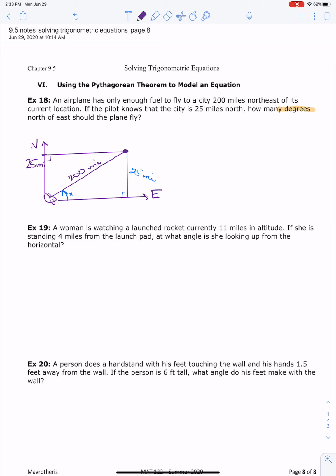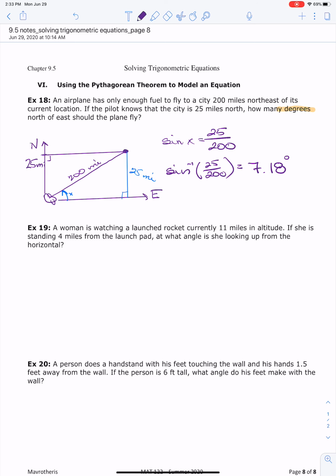And so I'm going to use sine. Sine of x equals the length of the opposite side over the length of the hypotenuse. So the inverse sine, and I could reduce that to 1/8, but I could just plug it into the calculator this way. And I get 7.18 degrees. We want to make sure to label that so we know we're talking about degrees and not radians.